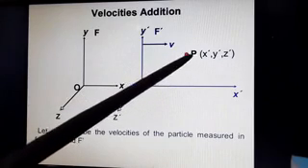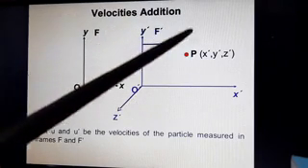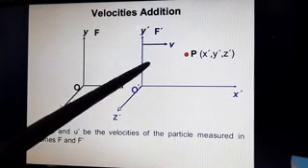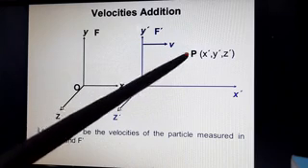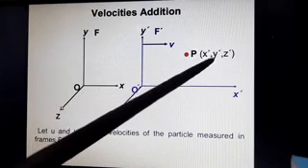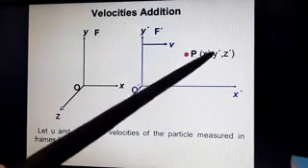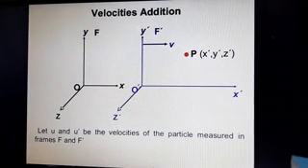The coordinates of this particle are x, y, z with respect to F frame and x dash, y dash, z dash with respect to F dash frame. Similarly, if the particle is in motion, then the components of velocity are ux, uy, uz with respect to F frame and ux dash, uy dash and uz dash with respect to F dash frame.